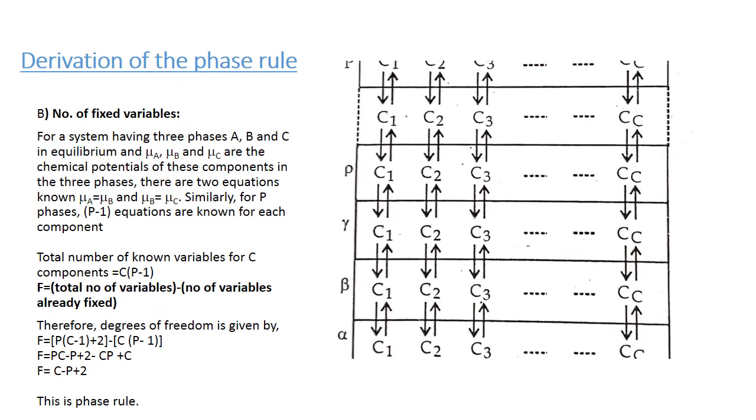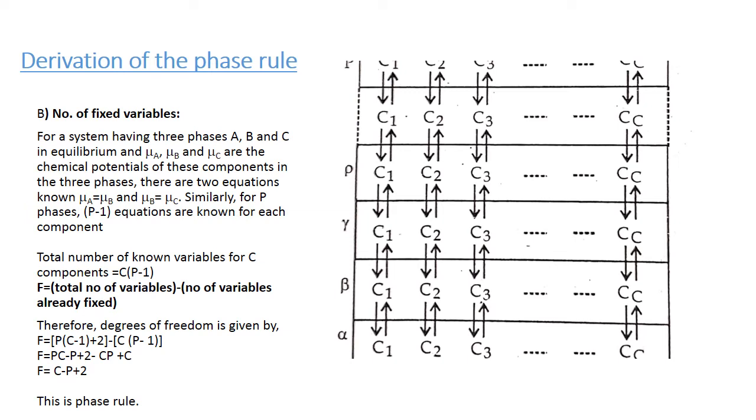For the number of variables already fixed, consider a system having three phases, and mu A, mu B and mu C are the chemical potentials of a component in the three phases. So there are two equations: mu A is equal to mu B and mu B is equal to mu C. Means for a three phase system, we get two equations.